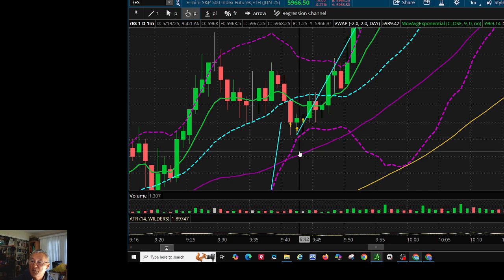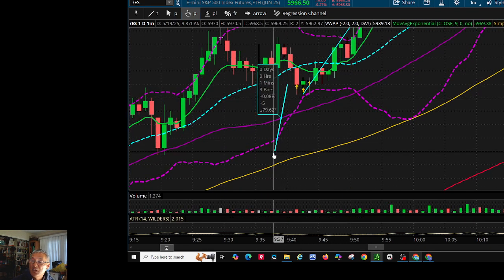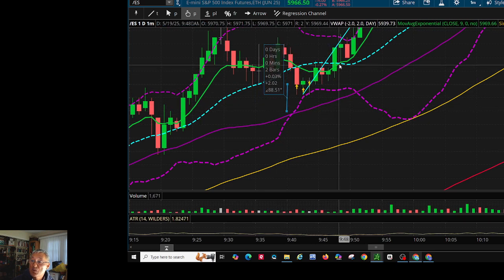You'd be risking 150. Actually, once it comes up here and starts going up, I would bring my risk right to here, to like 2 points.